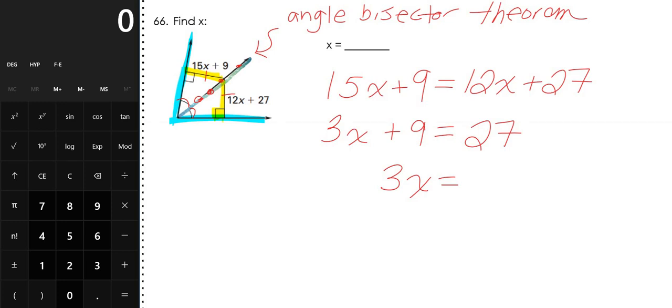And we have 3x equals 18. Divide both sides by 3, and x will equal 6. So x is 6. A good check is to plug 6 back in and make sure that both of the lengths are the same. So this was the angle bisector theorem application. Okay, let's move on.